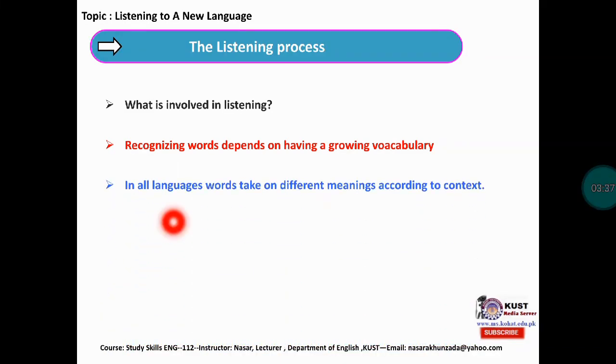In all languages, words take on different meanings or shades of meaning according to the context. Keep the bigger picture of the topic in mind at the same time as noticing individual words.